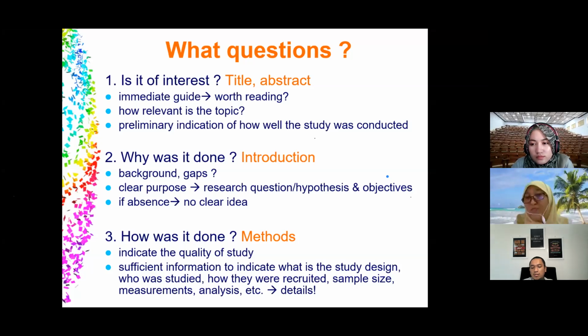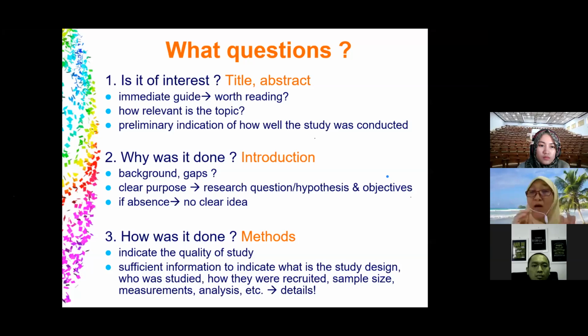So when you read this paper, they mention the gap is all this while all the studies have looked into how BMI associates with dental caries. Now my study is looking into waist circumference, hip ratio, skinfold for the bicep, and these are all anthropometric measurements, whether they associate with dental caries or not. So that is the gap. So that is why they are now going to study whether waist circumference associates with dental caries. So the gap is clear.